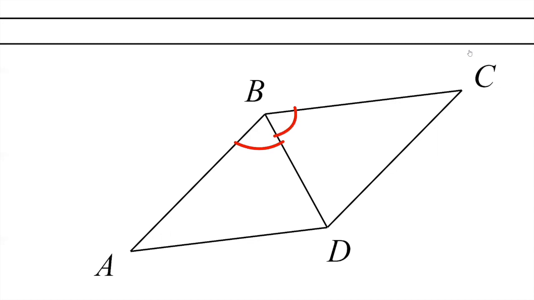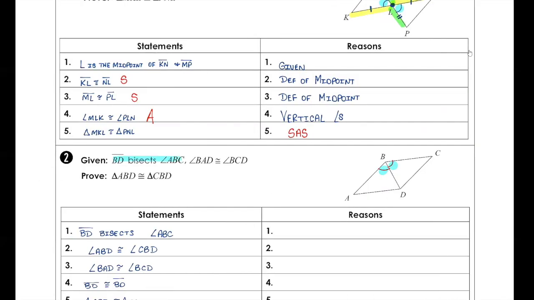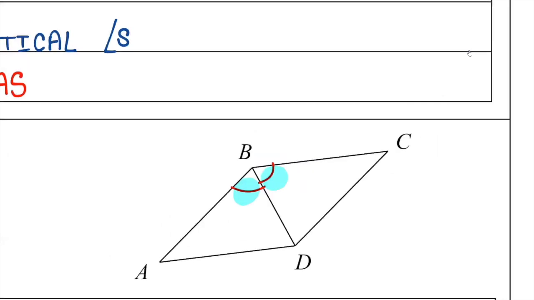So that's our first thing. BD bisects ABC. And then angle BAD is congruent to angle BCD.